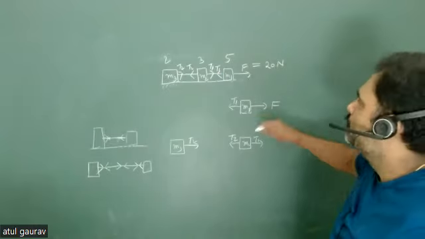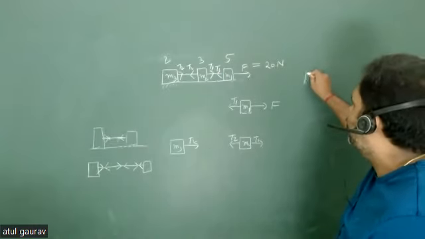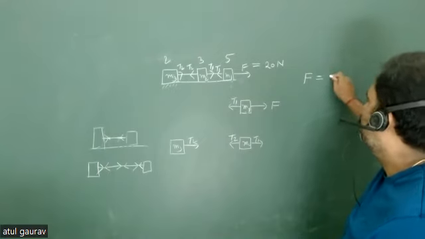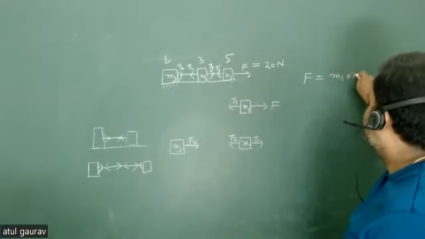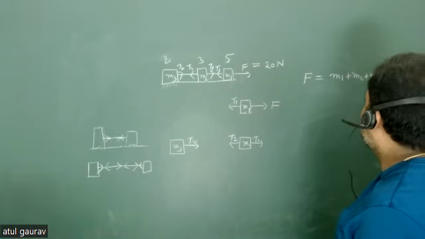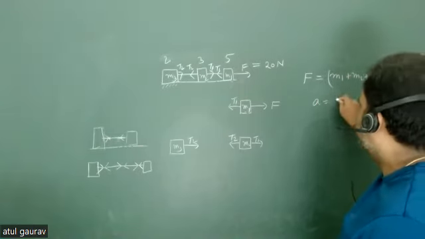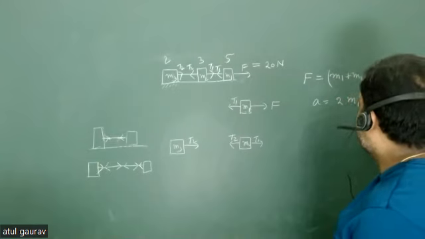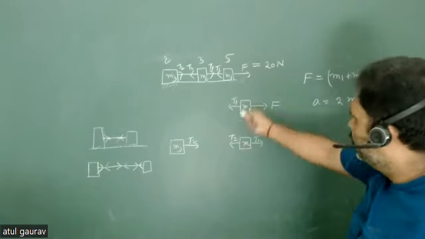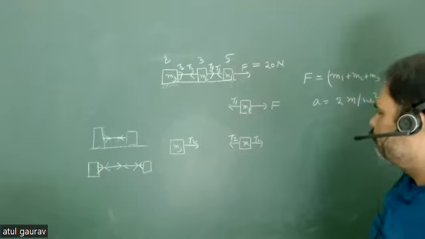And for the composite system, I can again find F is equal to (M1 plus M2 plus M3) into A. And again, I can get A is equal to 2 meter per second square. And from here, we can get the value of tension.